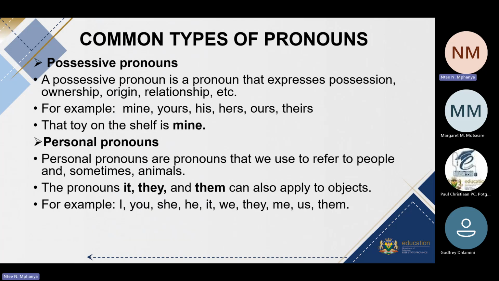These are examples of personal pronouns: I, you, she, he, it, we, they, me, us, them. "I am afraid of mice." "They are sitting next to it." They and it there will be your personal pronouns.